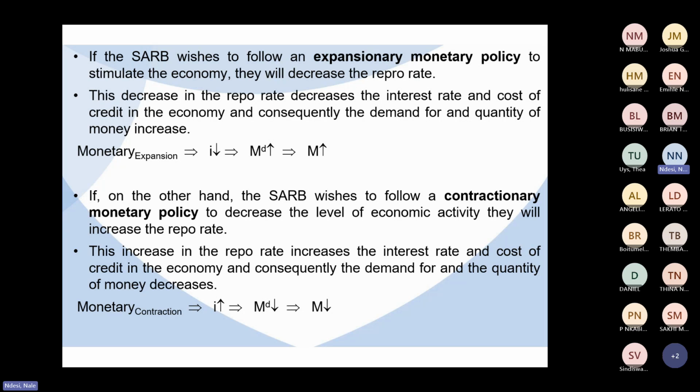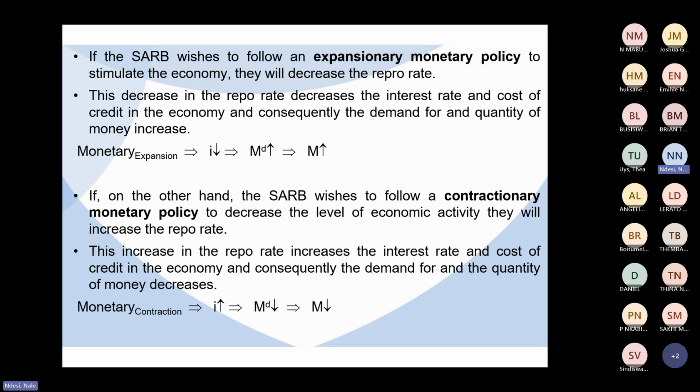So a contractionary monetary policy means that the economy will tighten. As a result, interest rates increase, which affects the demand for money, which also decreases, as well as the quantity of money.